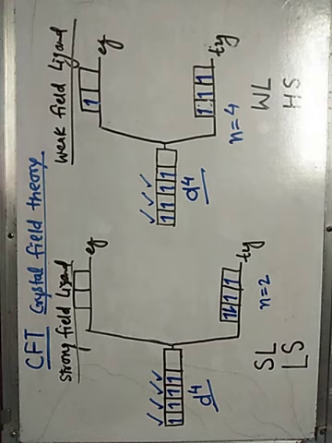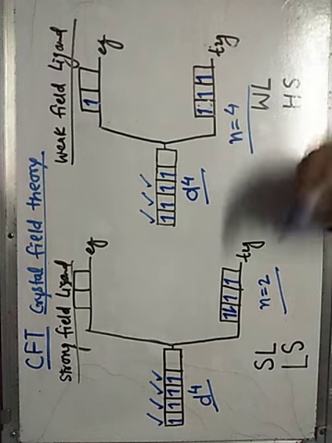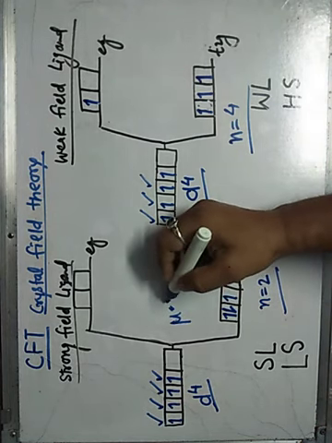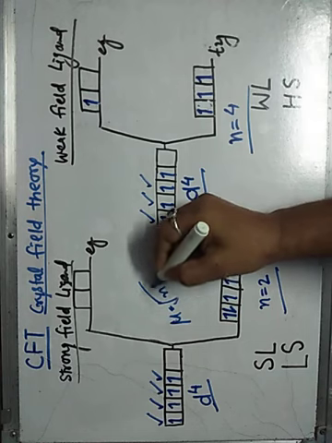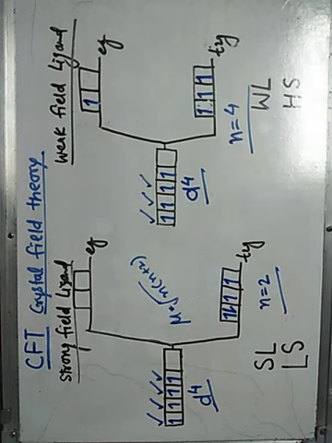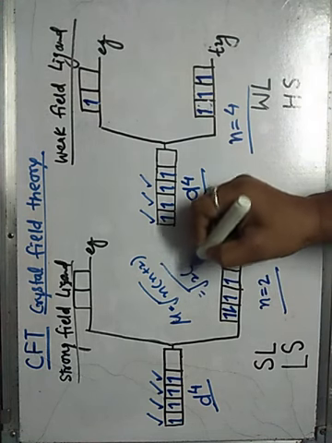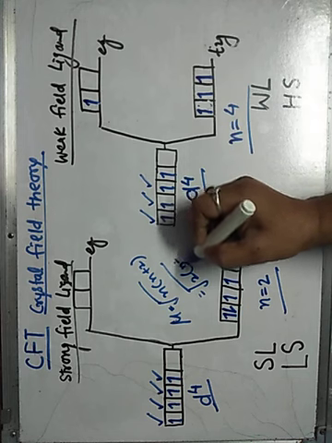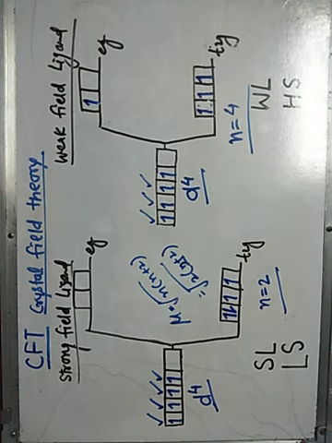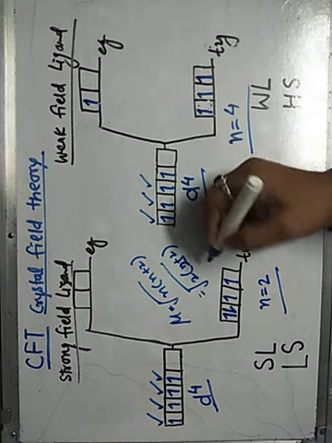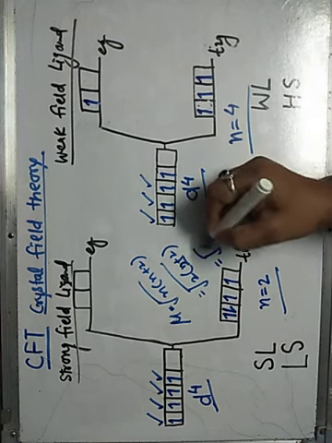Alright, clear? And you know what the formula is. The formula is mu in BM equals root of n(n plus 2). So n equal to 2: it's root of 2 times (2 plus 2), which is 2 times 4, that is 8, so root 8.